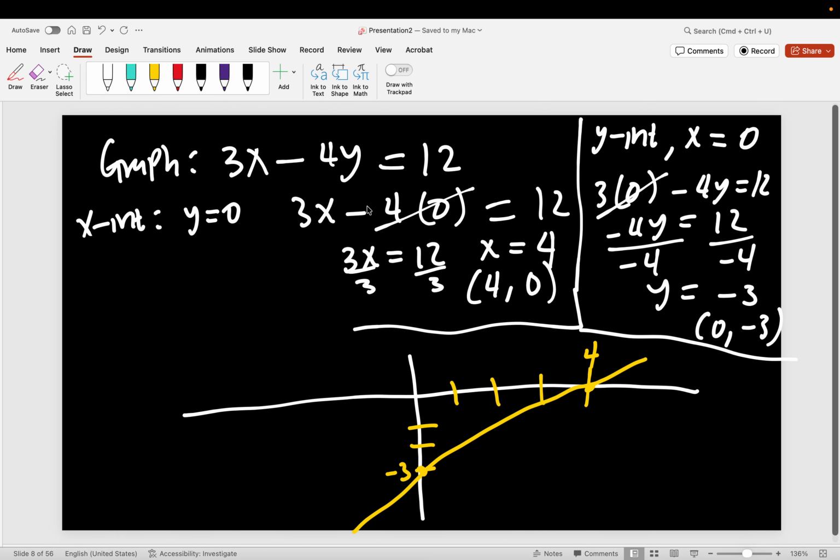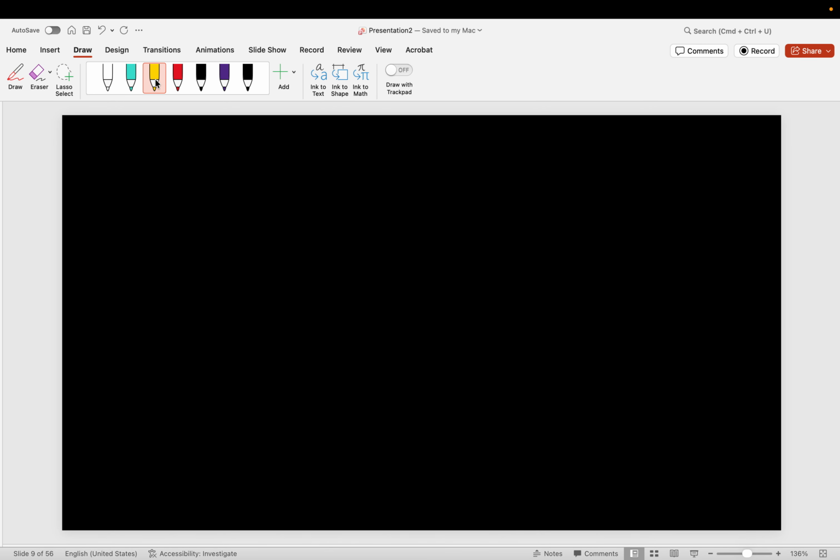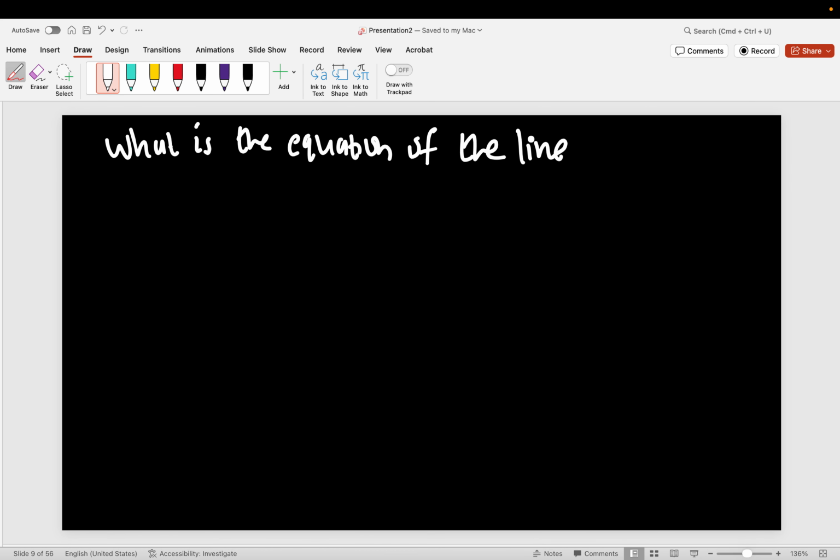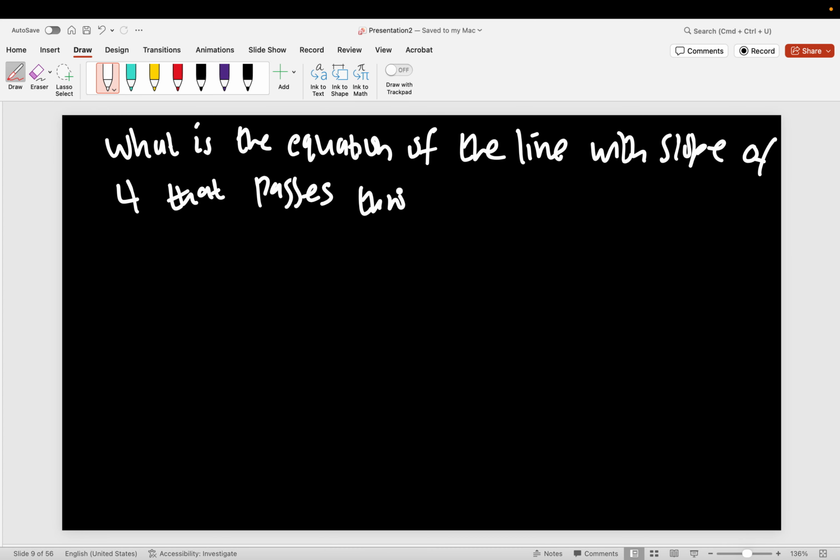So okay, let's say that we have, so the question is, what is the equation of the line with slope of 4 that passes through the point (1, -2).